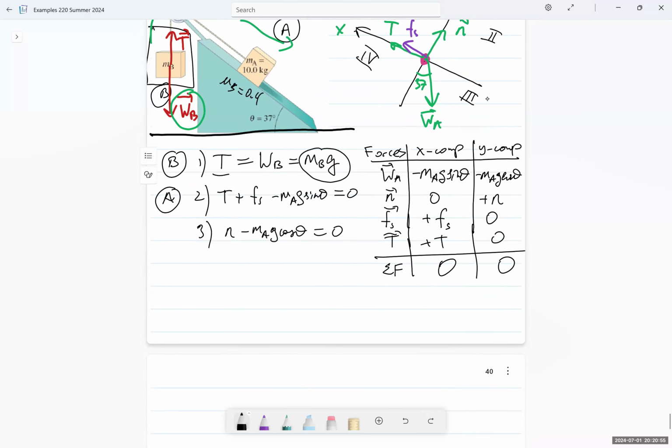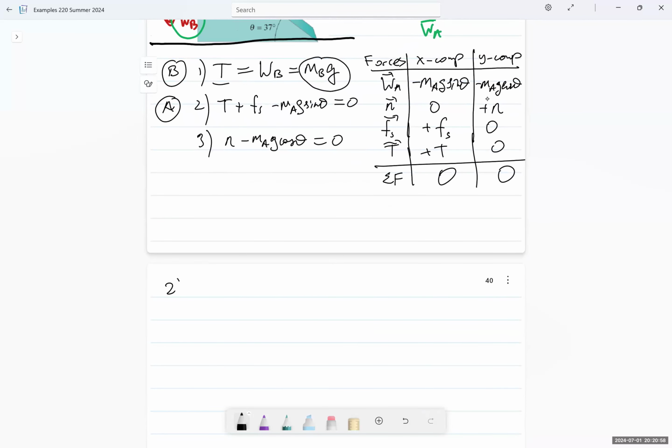In equation 2, the tension can be replaced with the weight of B, so it's MBG plus static friction minus MAG sine of theta equals 0. Then I can solve for mass of B. So MBG equals, moving the other two to the right, MAG sine of theta minus static friction.